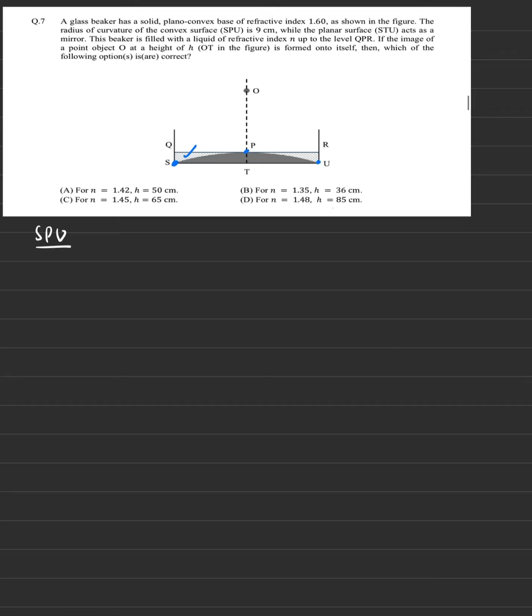If we talk about the lens SPU, this is a plano-convex lens. We can write the focal length of this lens: 1 by f1 equals (mu minus 1) times (1 by r1 minus 1 by r2). We are going to apply this formula for finding the focal length.